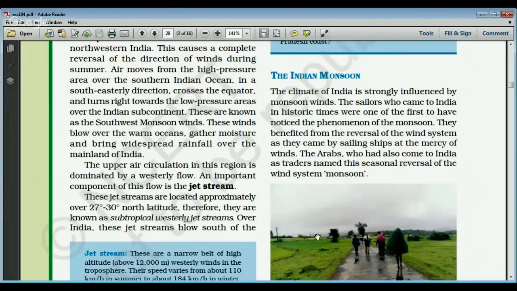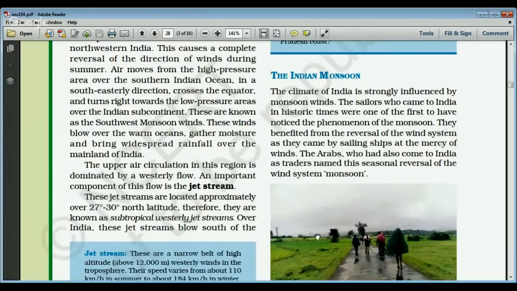So the southeasterly wind flowing in the southern hemisphere, whenever it tries to cross the equator, will be deflected towards the right and become the southwest wind. These winds appear to be coming from the southwest direction, and that is why they are known as the southwest monsoon winds.